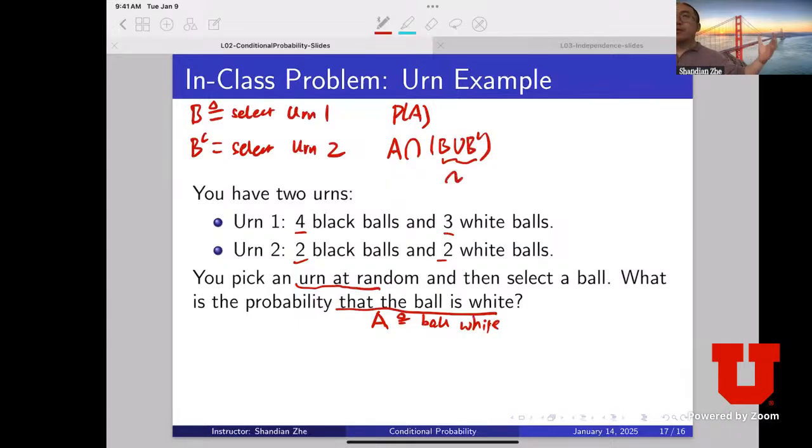Of course, A is a subset of omega. So A intersection with a bigger set which contains A will be itself. Does it make sense?